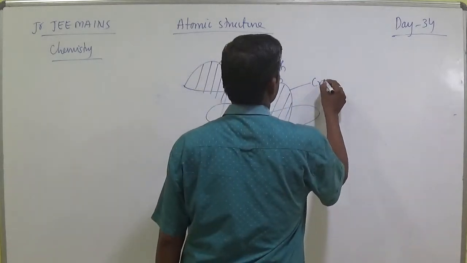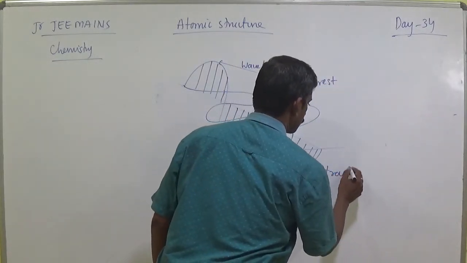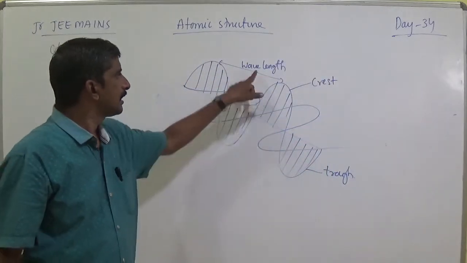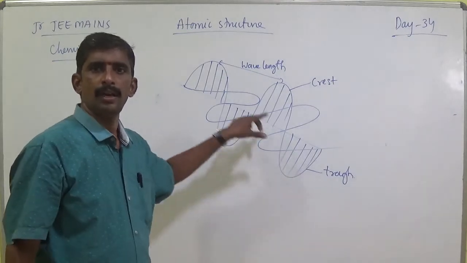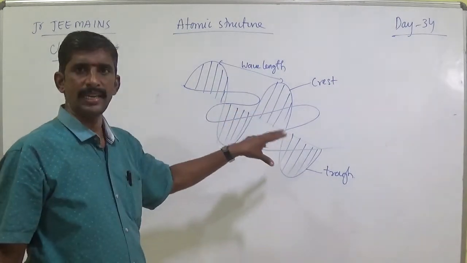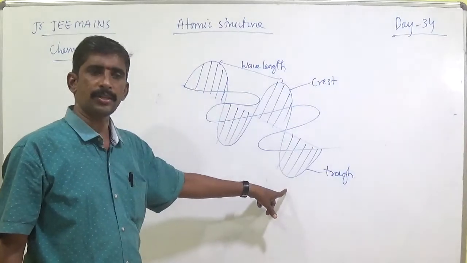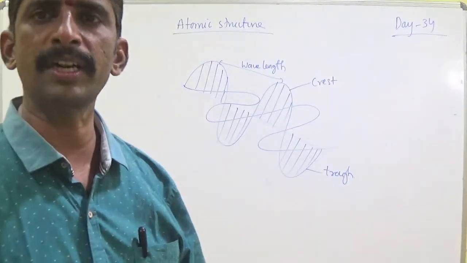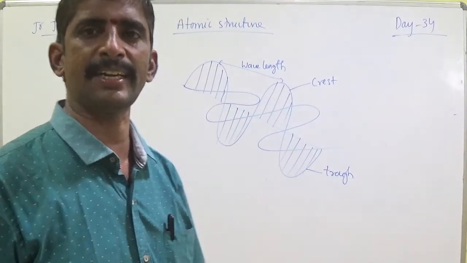These are crests and these are troughs. In an electromagnetic wave, the upper part is known as a crest and the down part is known as a trough. A wave has the following important characteristics.